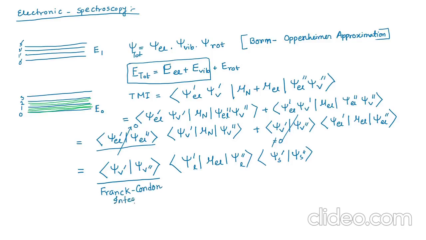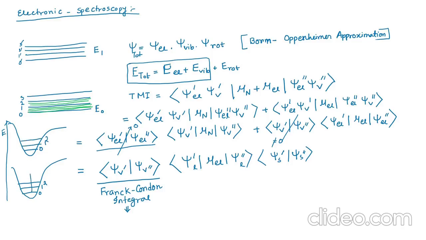Integral. It is actually something like this. So this is your first electronic state, and this is your second electronic state. So this is your energy scale, and this is v equals 0, 1, 2, and v equals 0, 1, 2.